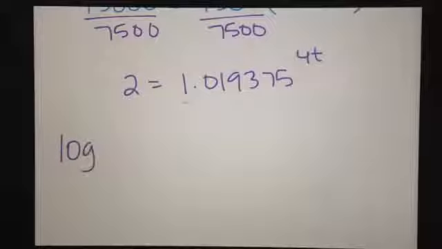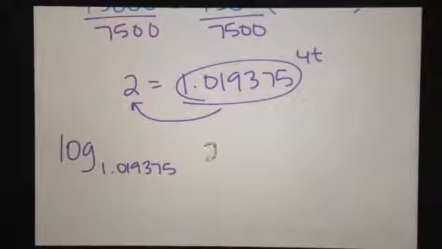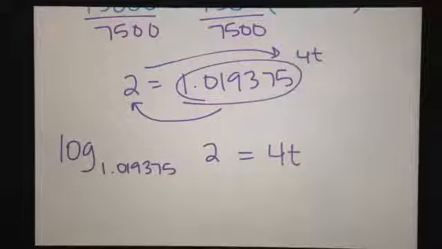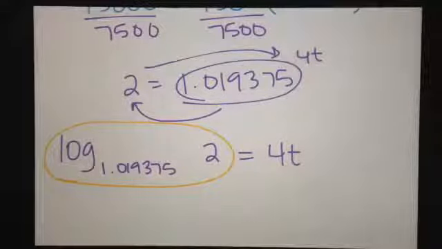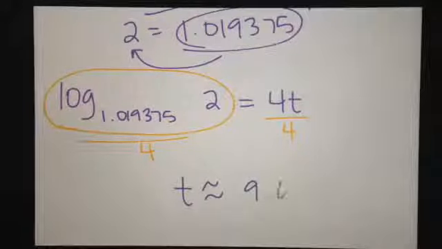So log is going to have a base of this, of 2, equals 4t. So I'm going to plug this into my calculator, and whatever decimal I get for that, I will then divide by 4. So when you plug that into your calculator and then you divide by 4, you will find that t is approximately 9.03 years.